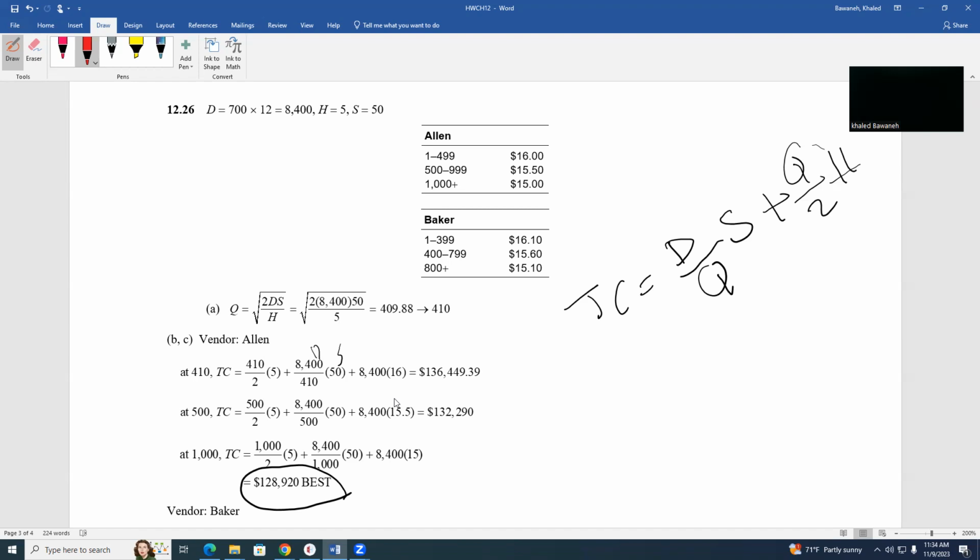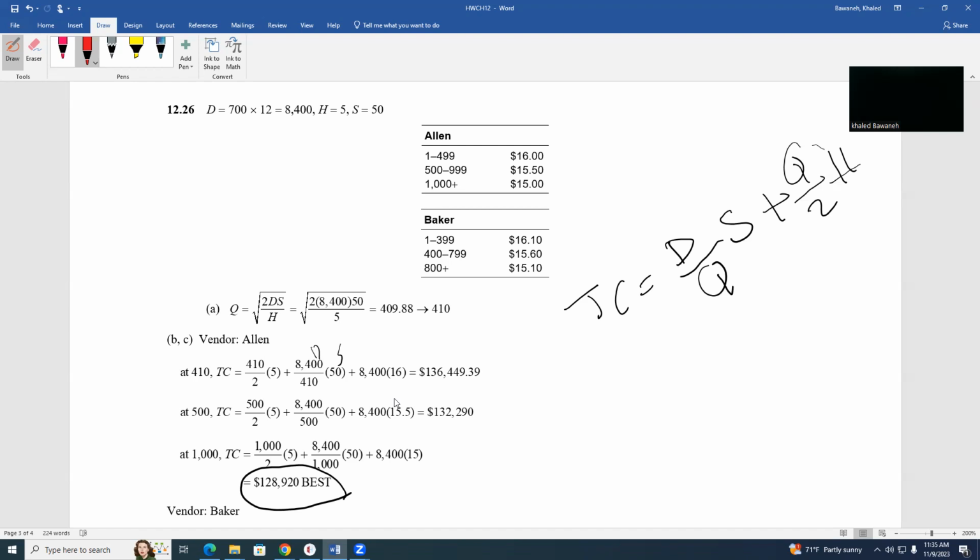We did not spend a long time on this side, but we concentrated on EOQ, holding cost, setup cost, number of orders, the time between orders. That's the basic stuff, okay? So B and C ask you which one is better.